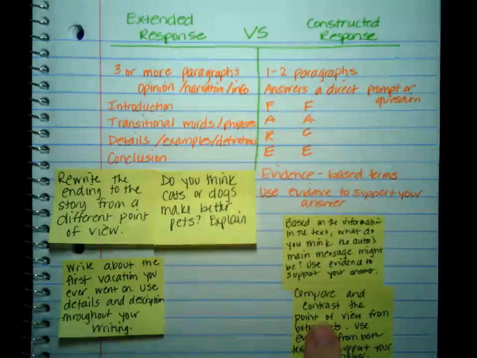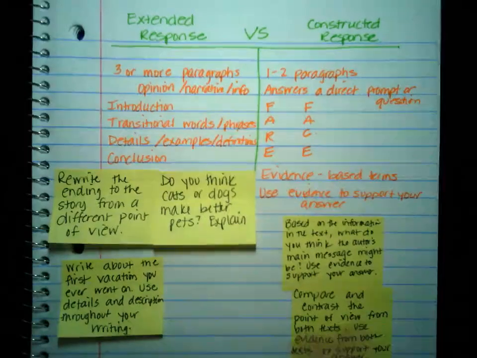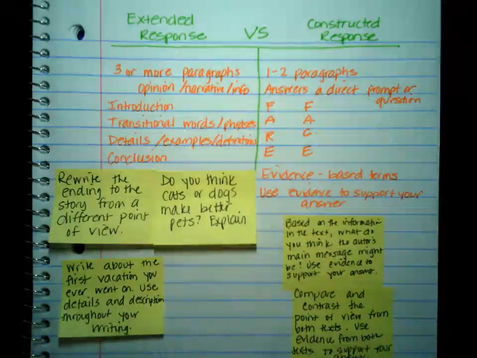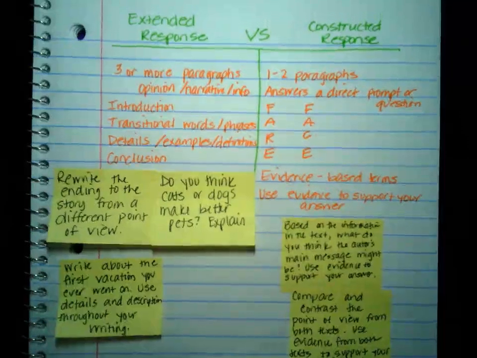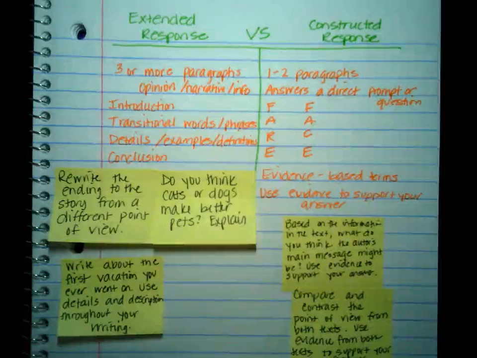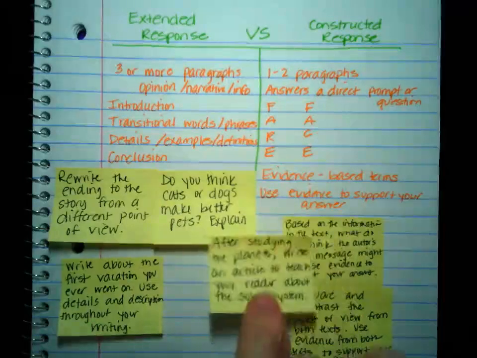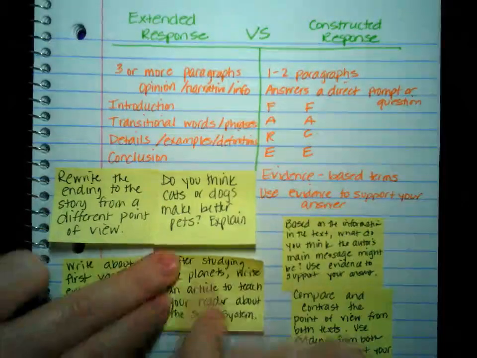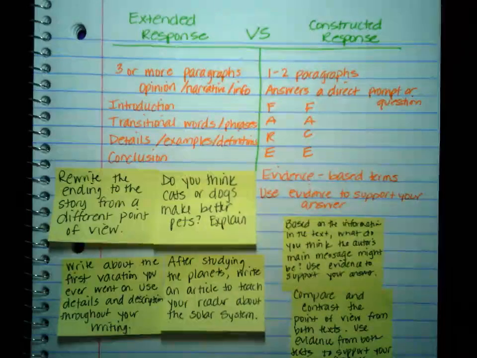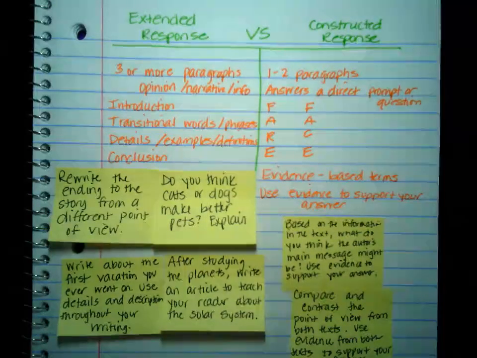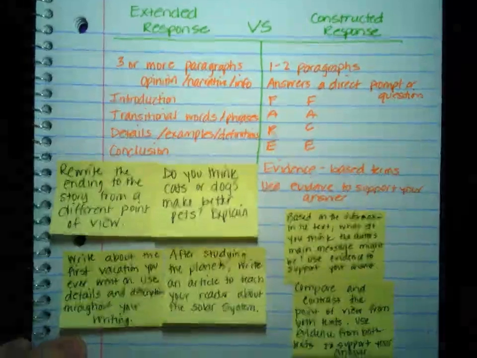So compare and contrast, that may be 2 paragraphs, 1 to compare and 1 to contrast the point of view from both texts. What about, after studying about planets, write an article to teach your reader about the solar system. This is going to be an extended response. You're writing to teach someone about something. That's an information extended response.